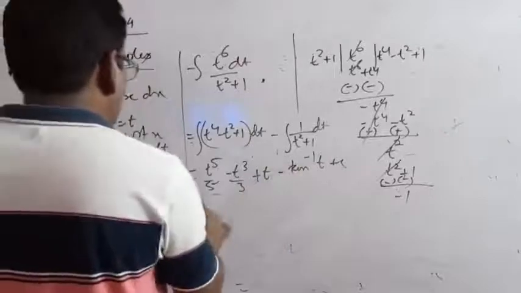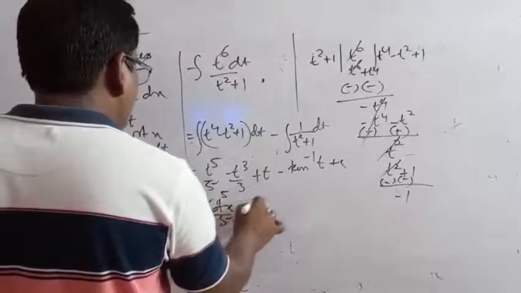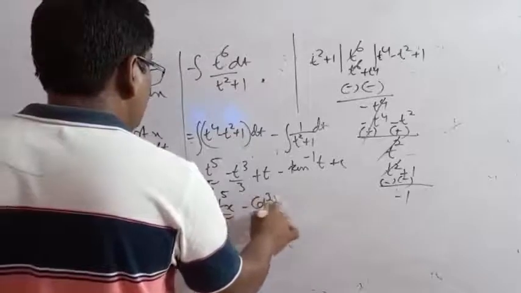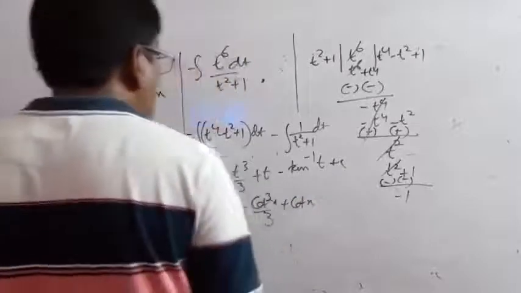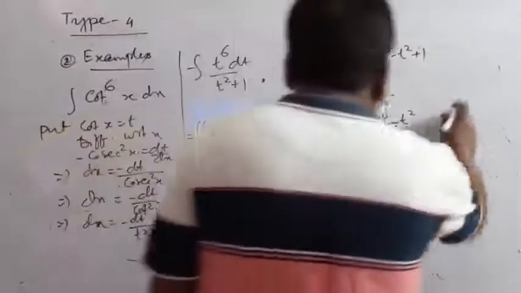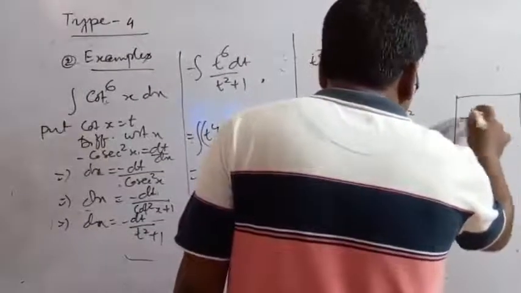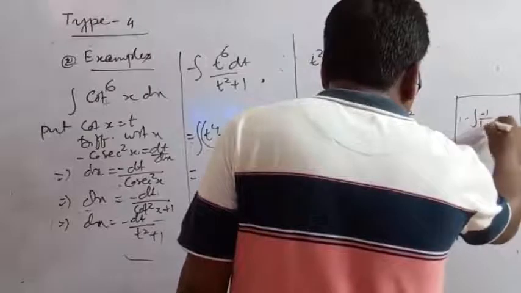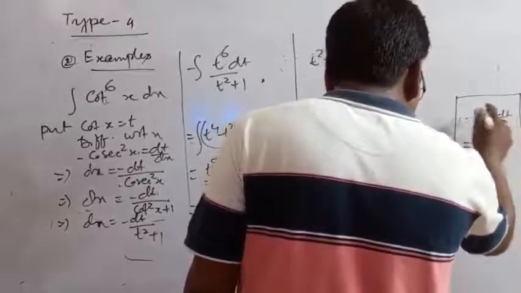t is equal to cot x. So cot to the 5 x by 5 minus cot cube x by 3 plus cot x, and this is minus tan inverse t. This can be written with another formula: minus 1 by 1 plus t square dt is equal to cot inverse t.